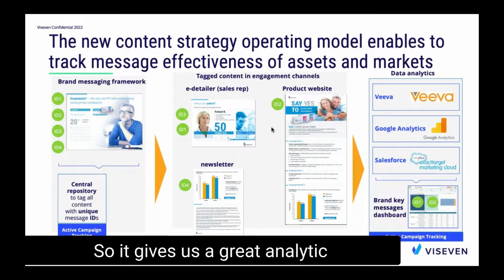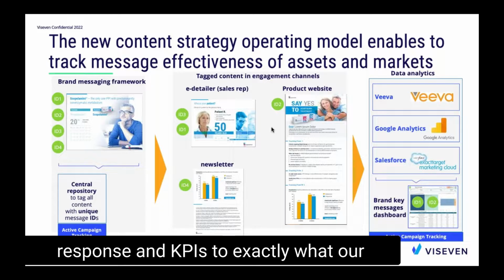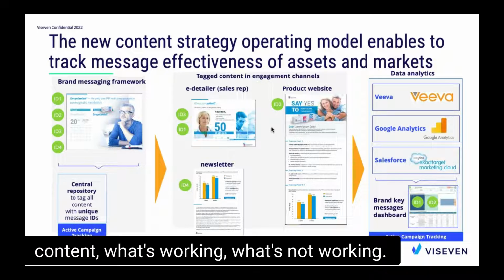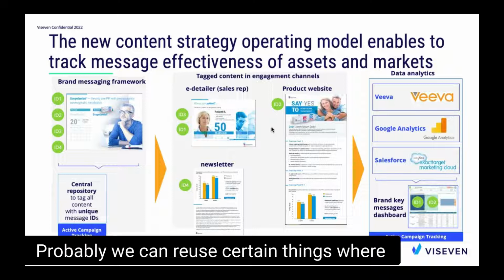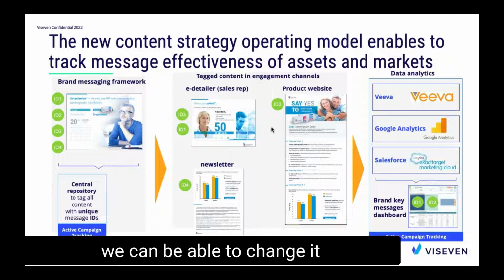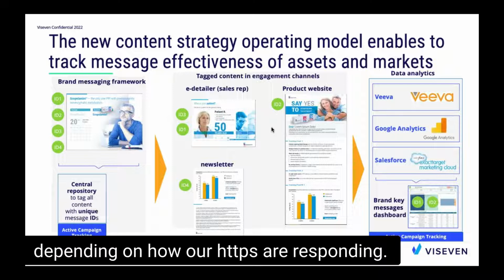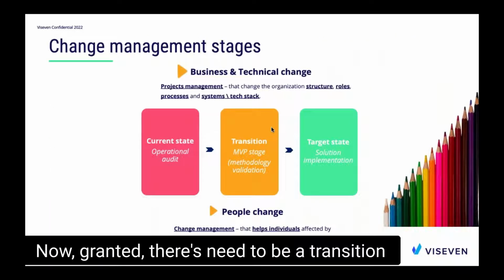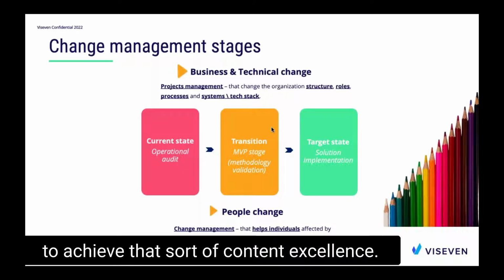So it gives us a great analytic response and KPIs to see exactly what in our content is working, what's not working. So we can reuse certain things, or we can change it depending on how our HCPs are responding.